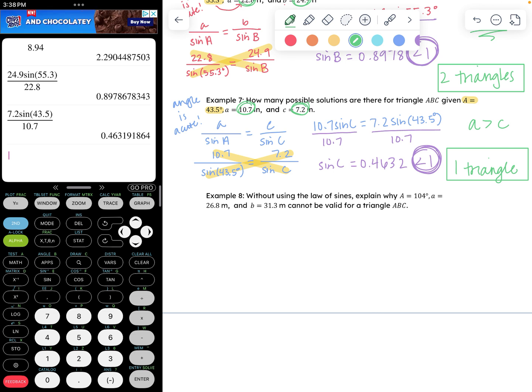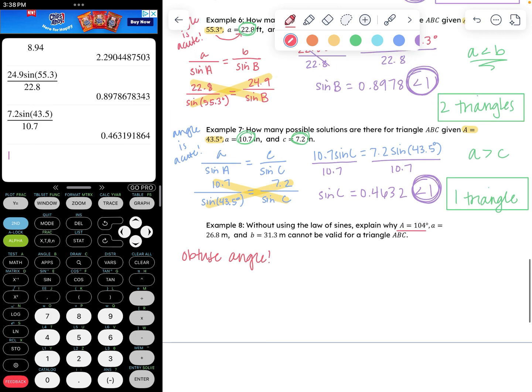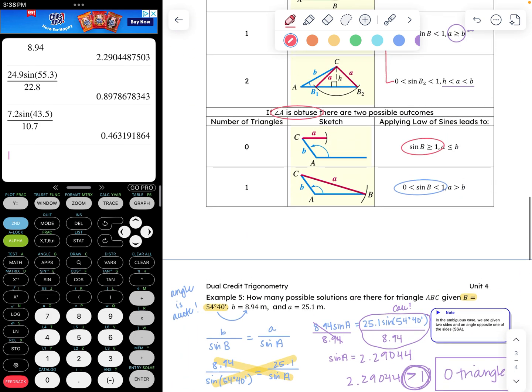The first thing I notice is my angle being 104 degrees means I have an obtuse angle, which means this is the first time I'm looking at this bottom part. So I need to look at my side lengths. Either A less than or equal to B or A greater than B is what I need to figure out.